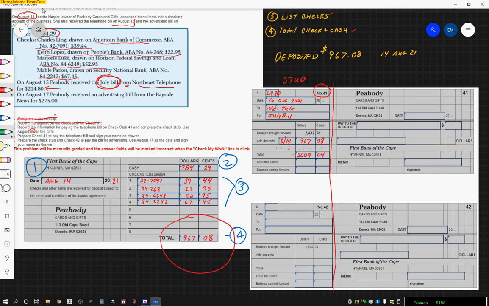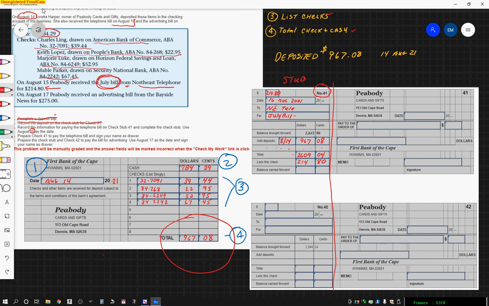Alright, now how much was it for? We have the top of the check stub filled out. Now we need to do some math. Come down here and less this check amount. So less the check amount of $214.80. That $214.80 now is going to give us a balance.